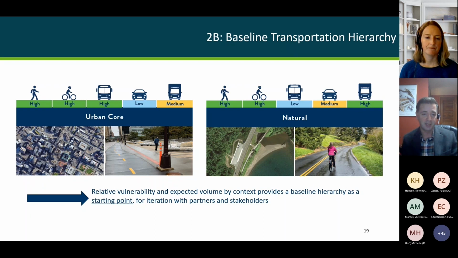These baseline transportation hierarchy guidance points were developed based on relative vulnerability. So it's the safety thing that we talked about. And also kind of coming up with an expectation of the type and frequency of users that we expect given the land use that exists. So there is some rationale behind it, but it's not the end, it's the beginning.